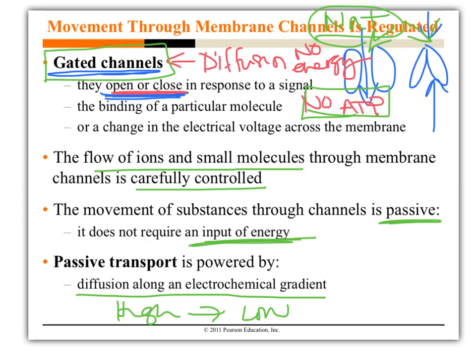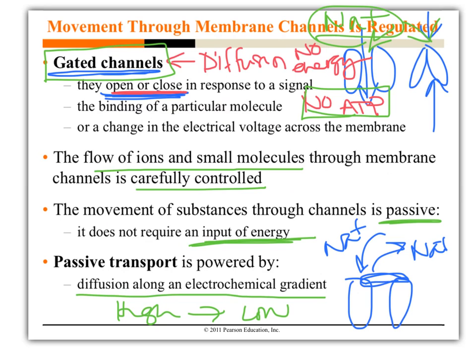But because you can think of it as a gate, then if you have your channel protein, think of it as a little lid on it, right? And the lid can open or it can close. So if it's closed and there's a whole ton of these guys on this side and none on the other, they're not going anywhere. Once it pops open, then bingo, they can all flow through. So that's how gated channels work. Again, passive, no energy, facilitated diffusion.